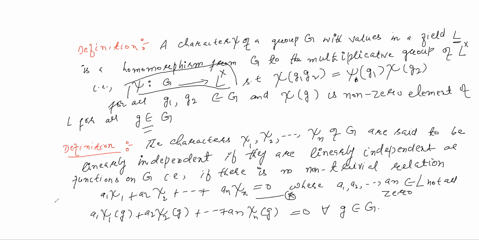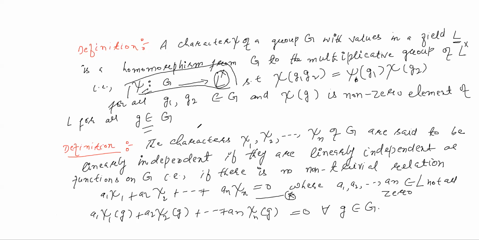So we have defined two things. We first defined a character of a group G with values in a field L. It is just a homomorphism from a group to the multiplicative group of the field.